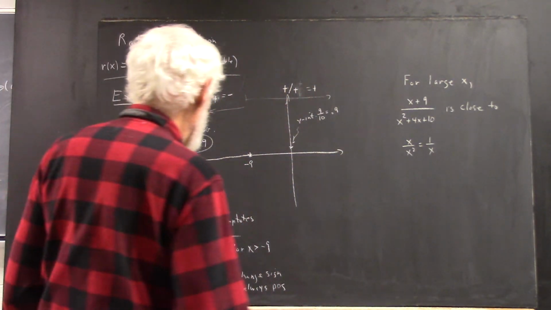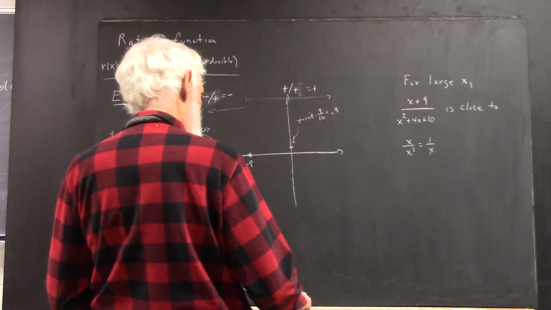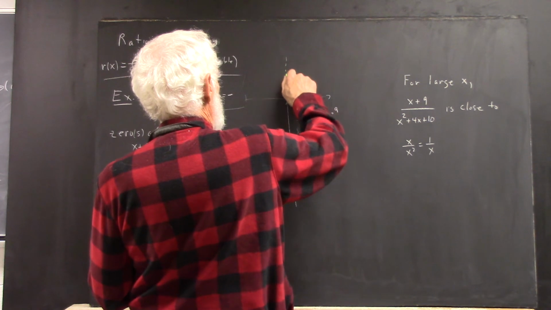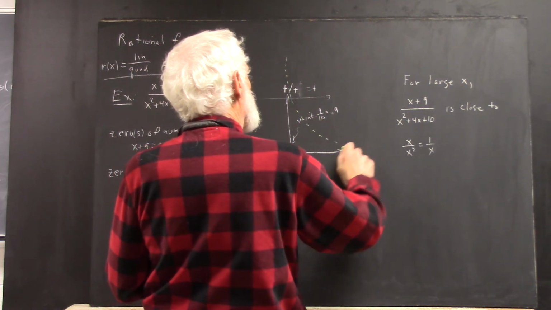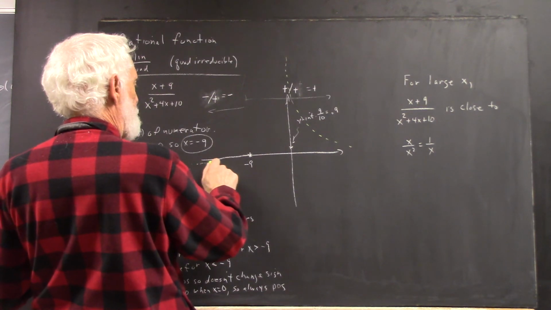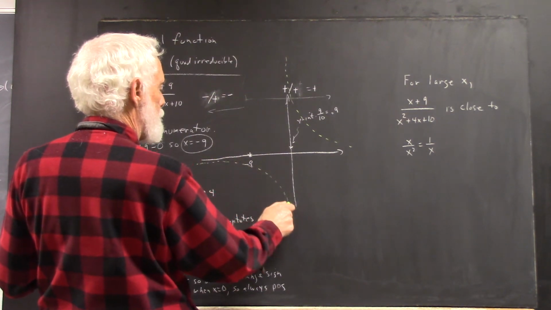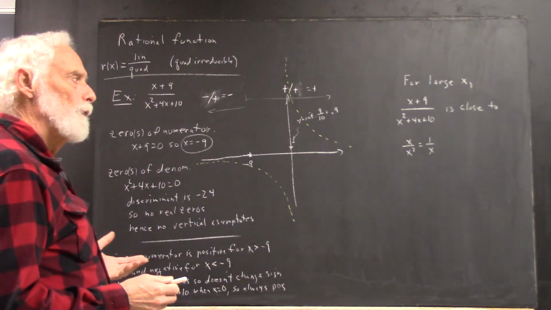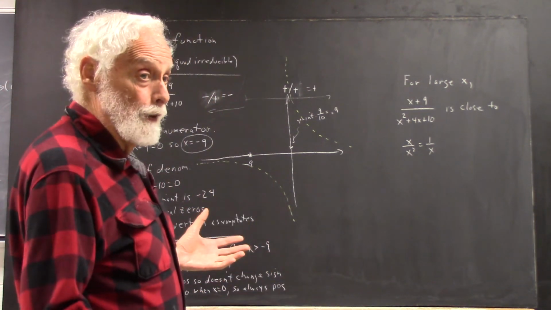So I could sketch a lightly dotted graph of 1 over x. It's not very accurate, but we get the idea of the behavior. And we don't take that 1 over x graph seriously when x isn't very large.